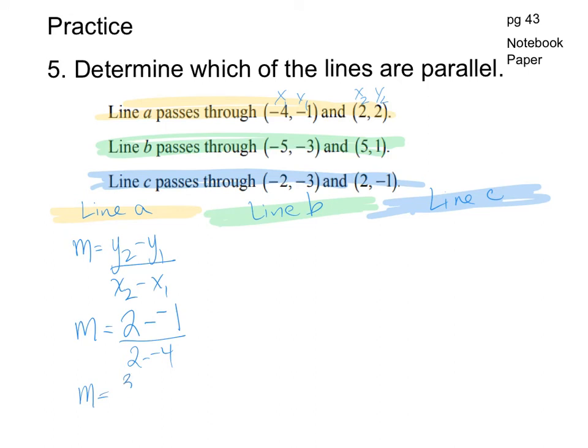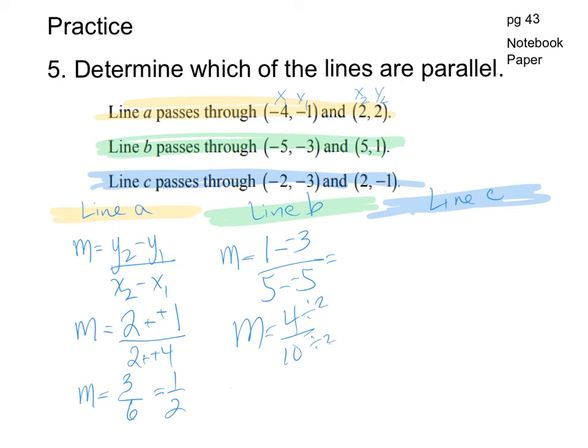So the slope would be 3/6, which would be 1/2. Line B, find the slope. The slope is y2 minus y1 over x2 minus x1. 4/10, which they're both divisible by 2.